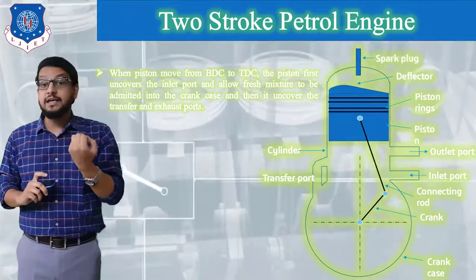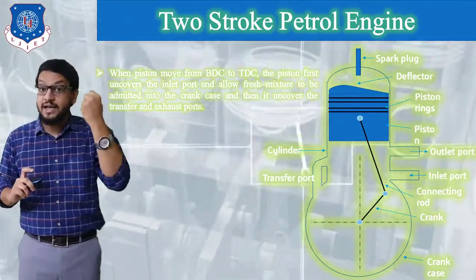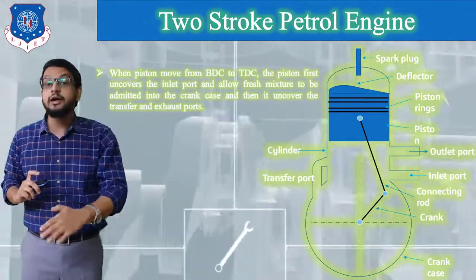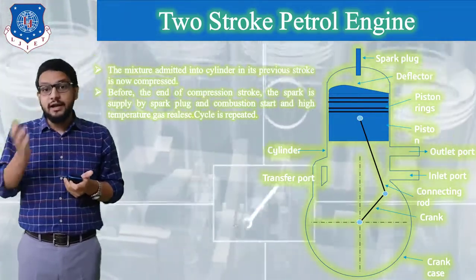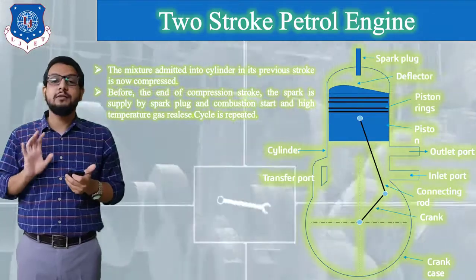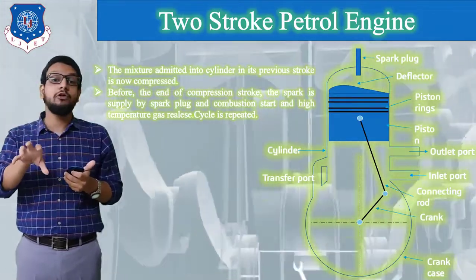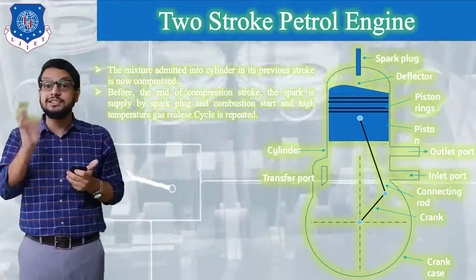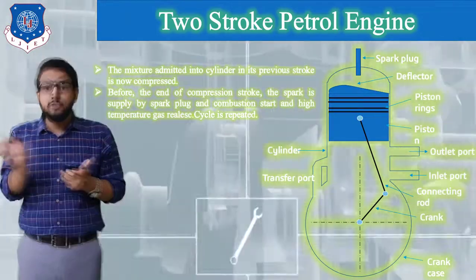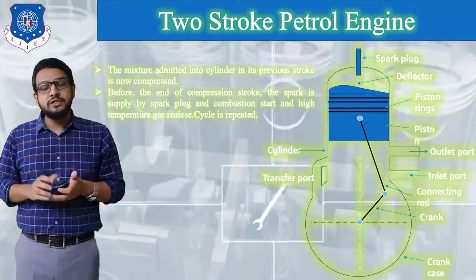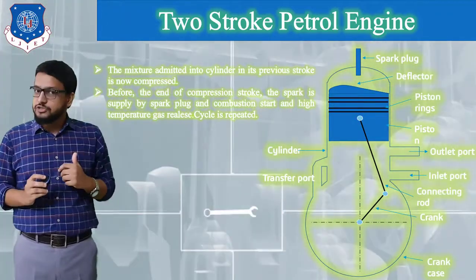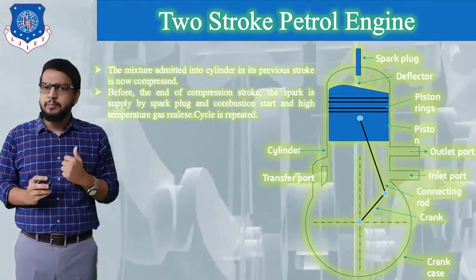That hot gas will exert its pressure on the piston, that is, a high explosion takes place, and the power stroke is generated. Again the piston will move from its TDC to BDC side. Again at the same time, on the bottom side of the piston, partial compression of that air and petrol mixture will take place, which was sucked through the inlet port in our previous stroke. So this is how a two-stroke petrol engine operates, and the cycle is repeated.